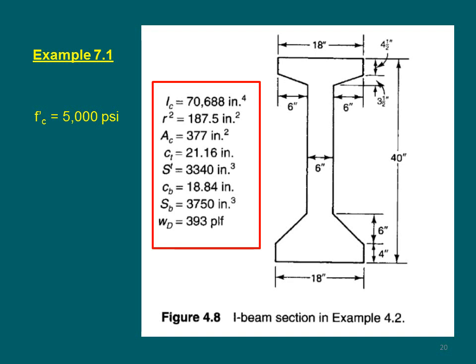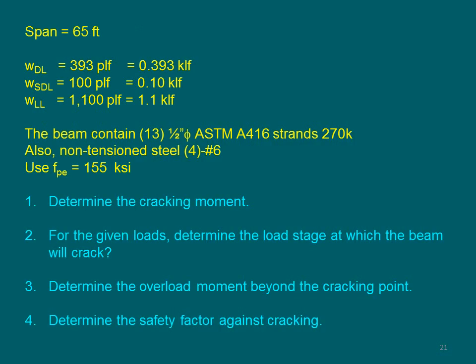I have WD, which means the dead load is going to be 393 pounds per linear foot. The span is given as 65 feet. Dead load, as given in the previous slide, is going to be 393 pounds per linear foot.